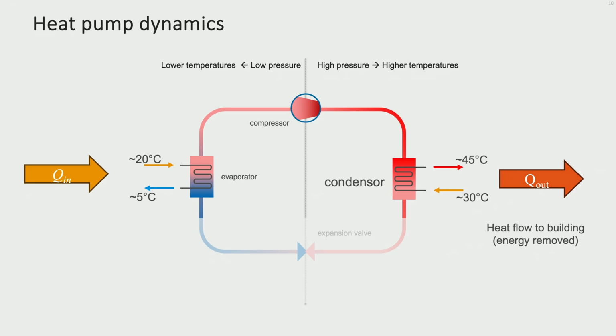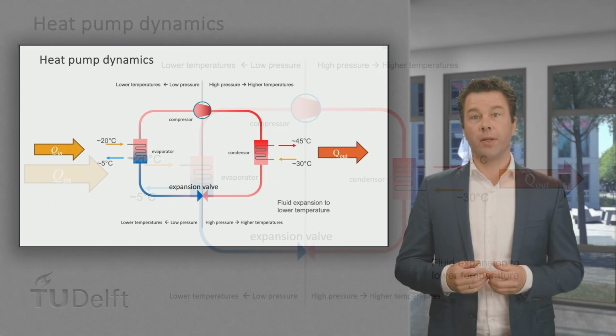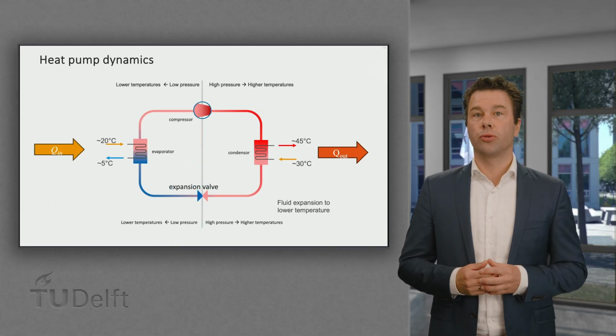But now again a fluid, 10 to 20 degrees colder than the gas which entered the condenser. The last step in the cycle is the working medium passing the expansion valve, where pressure is released. This will cause the opposite of compression, decrease of temperature, and usually also partly evaporation. So a cold fluid-gas mixture will enter the evaporator again, which will fully evaporate by taking up heat from the external source of heat.